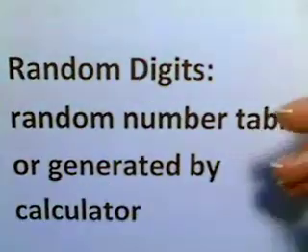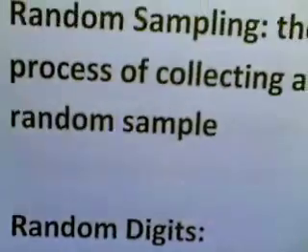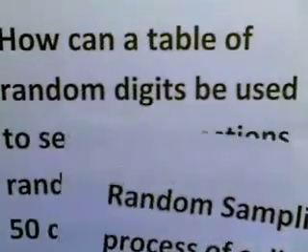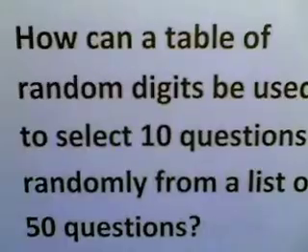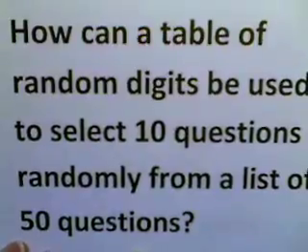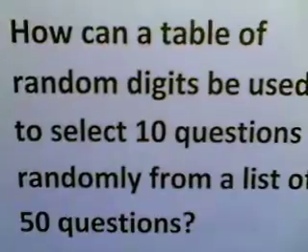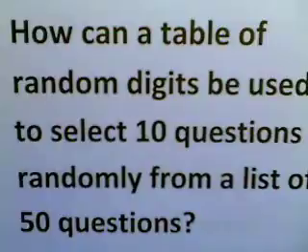Now, the way you're going to use the random number table is if you are looking to choose 10 questions and you've got 50 questions in your population. So there's 50 questions I could choose from, but I'm only going to give you 10 questions on your exam.